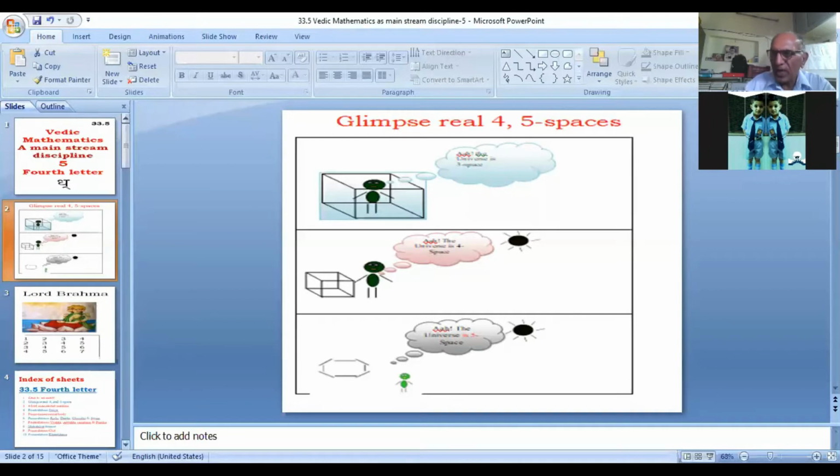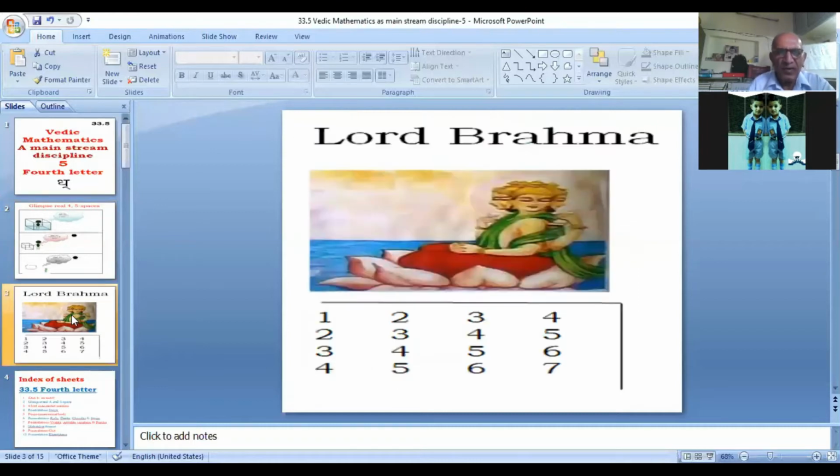Therefore, we have to reach a four-space setup, which will be a setup of Lord Brahma's space, a four-head Lord presiding the spatial order space. Lord Brahma is a four-head Lord. Each head is equipped with a pair of eyes.